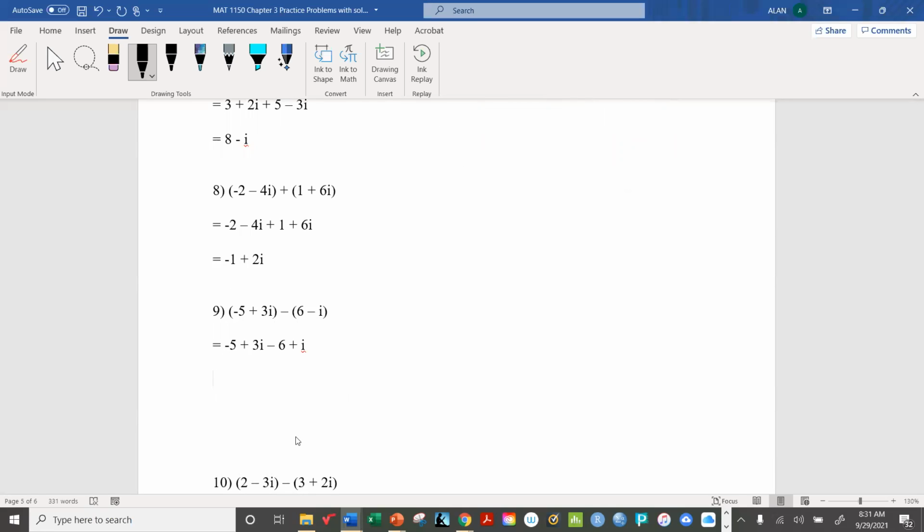So again, we have to be super careful here with our signs. It's negative 6 plus i. All right, if you are not careful, of course, you'll not get the right answer. So this time you end up with minus 11 plus 4i.